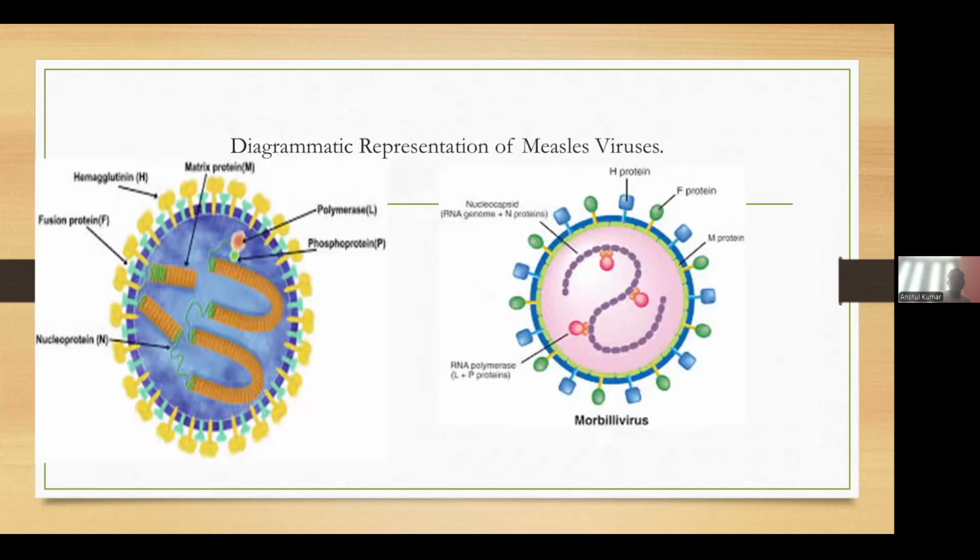If I further elaborate in the next diagram, you can easily see here that there is the H protein, which is the hemagglutinin protein, then the fusion or F protein. Then there is one M protein present there, and further you can see the other structures here also.